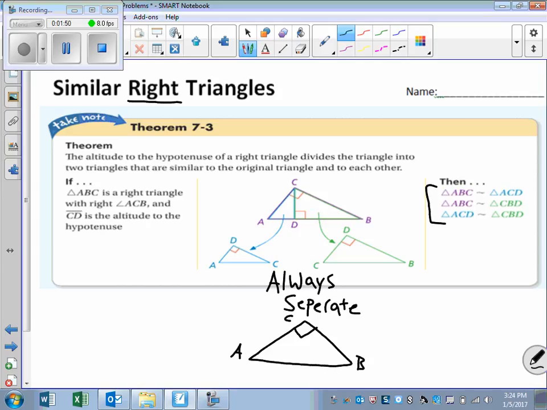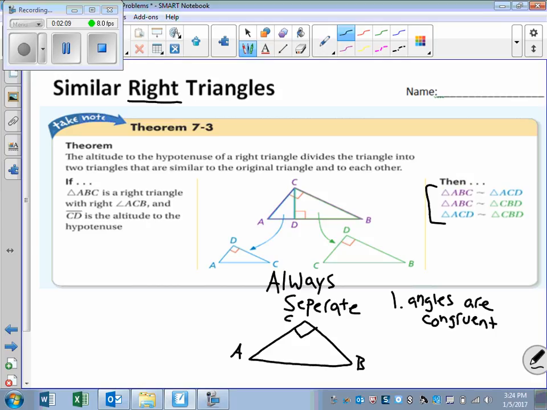So when we say similar, if you remember, it means two things. First, angles are congruent. Okay?